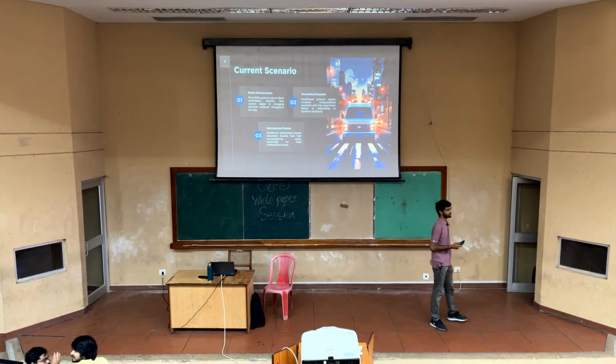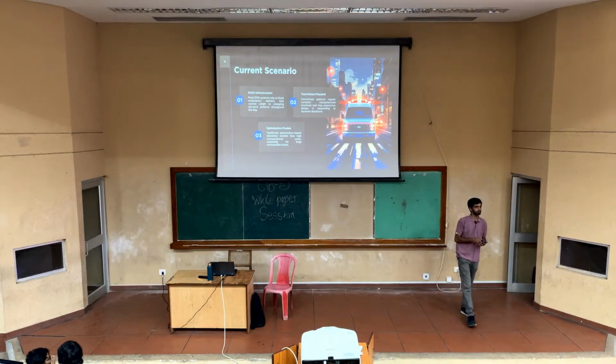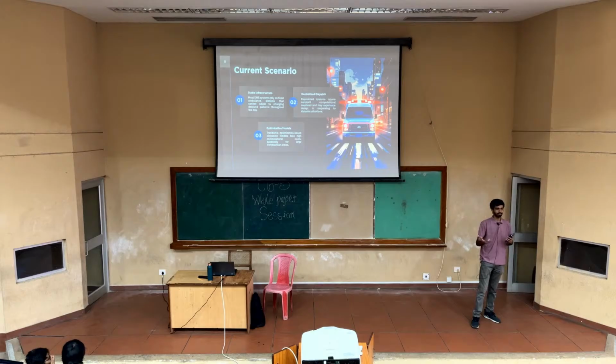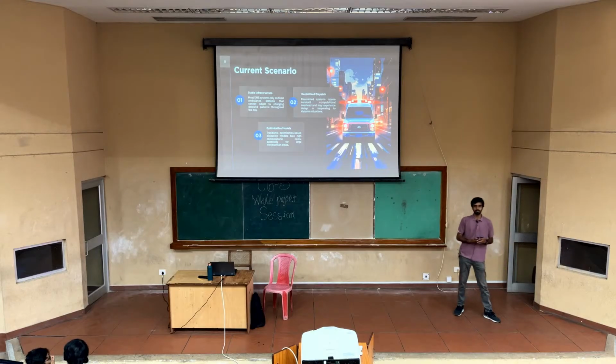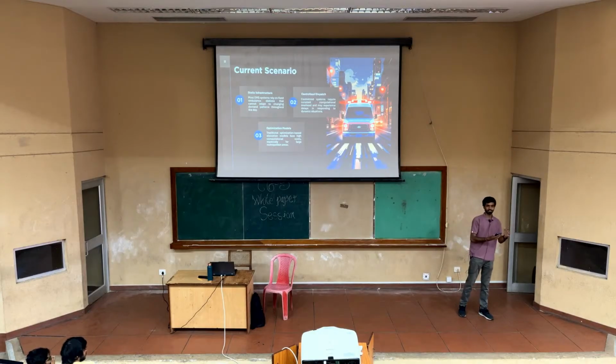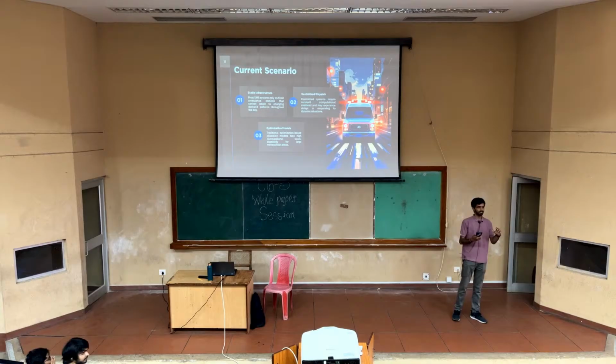So to tackle these three problems, I want to propose a solution using the slime mold algorithm. What is this algorithm? This is based on an organism called slime mold. It is a very fascinating organism. First of all, this organism does not have any brain, yet it forms a very efficient network while finding its food.